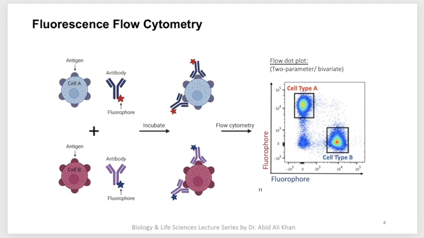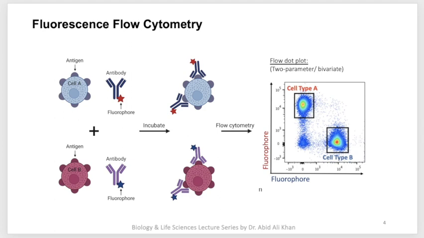If these antigens were not present, the antibodies would not bind to them, and we would not see the fluorescence, because the fluorescence is coming from the fluorophores attached to the antibodies, and the antibodies would only be present if they find this particular antigen in the cell.